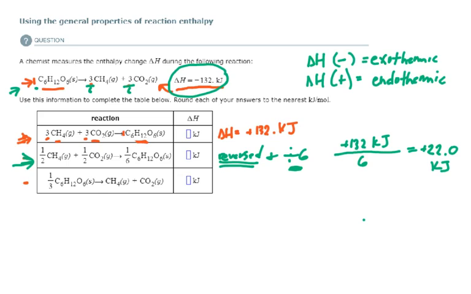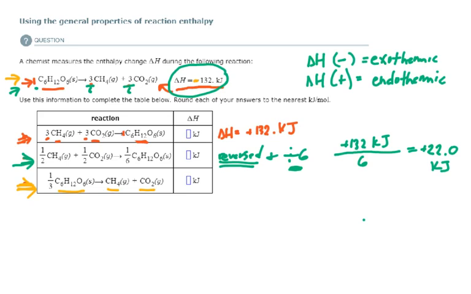And let's look at the last part of this problem here. Now I have this process. It's the decomposition of glucose to methane and carbon dioxide. It looks like it's the exact same process here in the sense that it is not reversed. Okay, so that means that the enthalpy change for this process is going to be negative just like it is here, which means it's going to be exothermic.